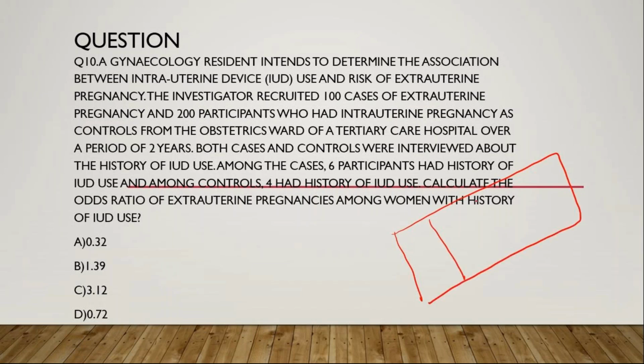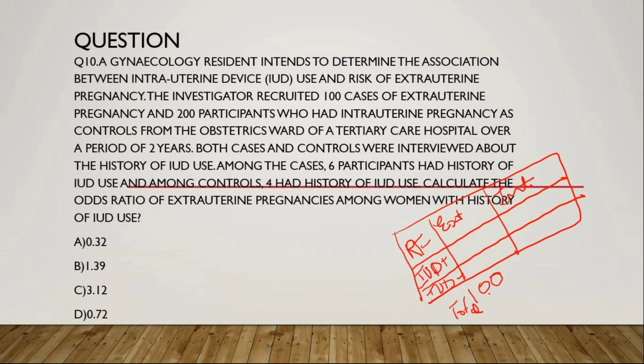So make a 2 by 2 table. Write the risk factor, that is IUD present and IUD absent. Then write extrauterine pregnancy and intrauterine pregnancy. In this question there are 100 cases of extrauterine pregnancy, so total are 100 patients, and 200 participants had intrauterine pregnancy. 6 of the cases and 4 of the controls had history of IUCD.